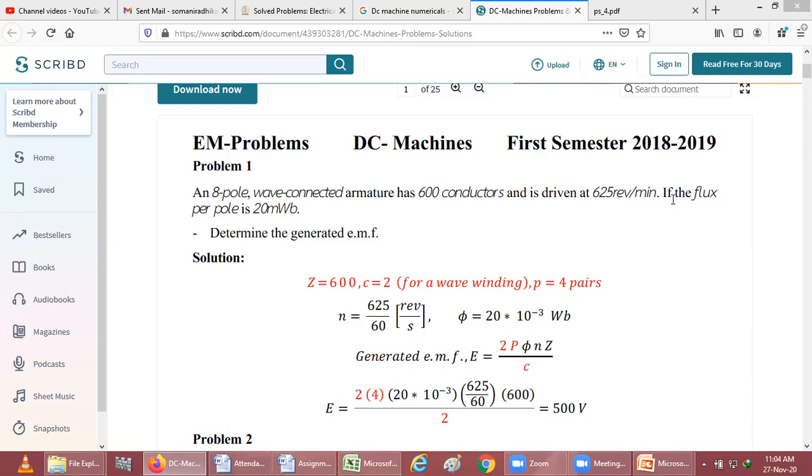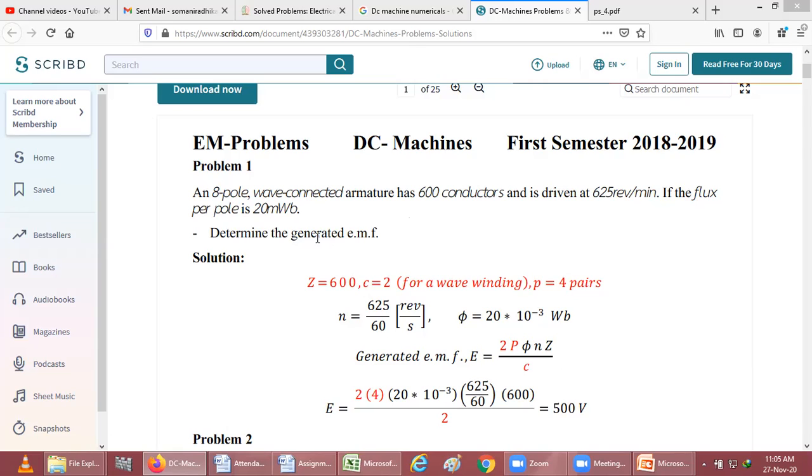Again, what they have given: the flux per pole is 20 milliweber. Weber is the unit we are using for the flux. So here we are supposed to determine the value of EMF.